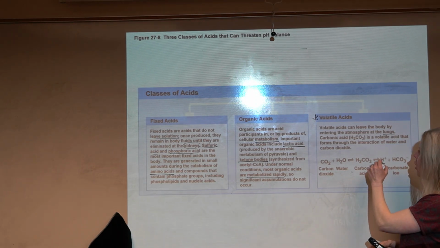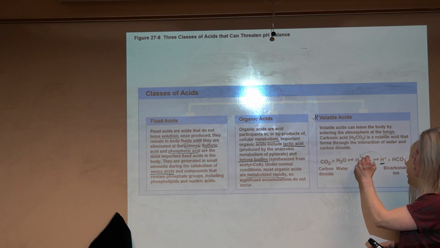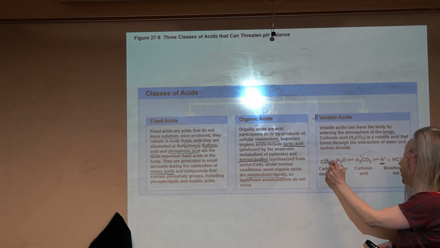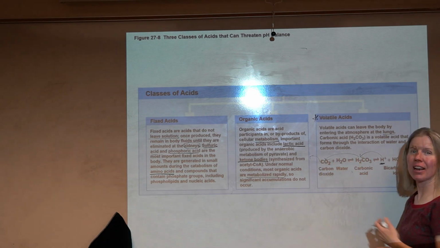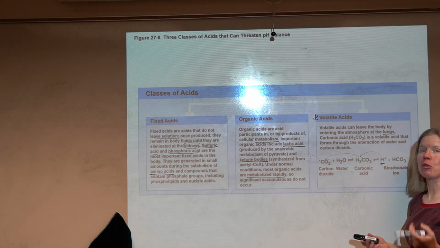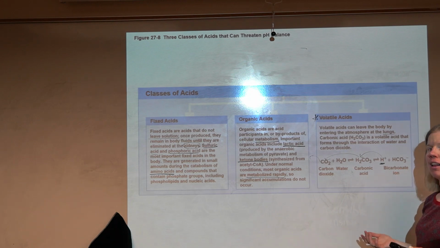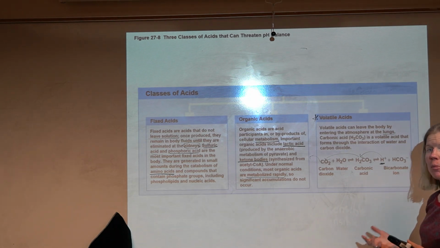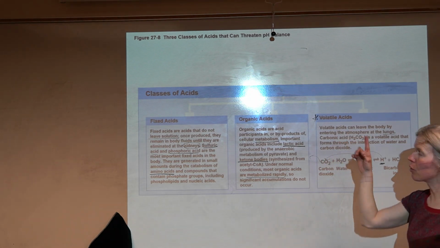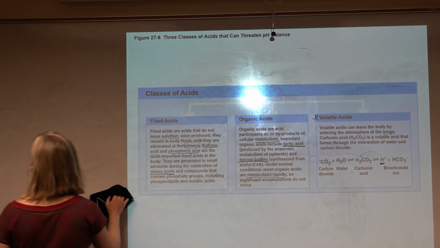And if you recall, right, if our equation moves this way, we are going to exhale that CO2, effectively removing hydrogen, right? And so that's the way this volatile acid is going to be removed from the body at the lungs, right? So three different classes of acids.